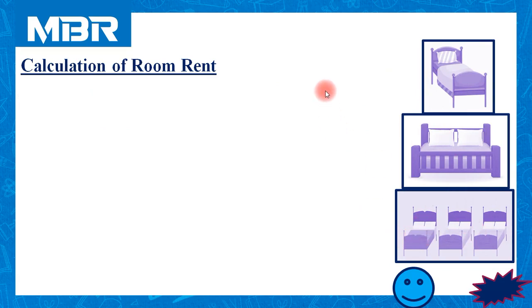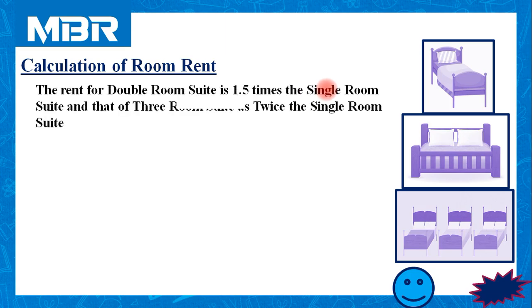Weightage is not given, but a sentence is given. The sentence is: the rate for a double room suite is 1.5 times the single room, and that of a 3-room suite is twice the single room suite.